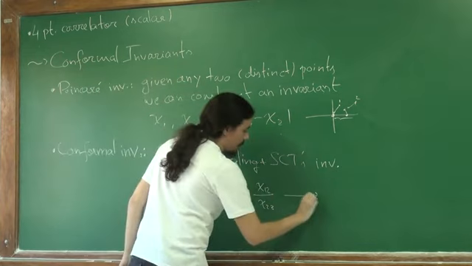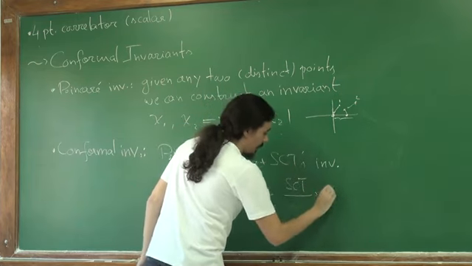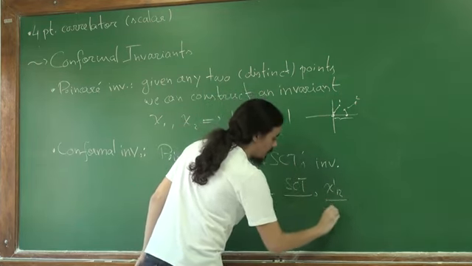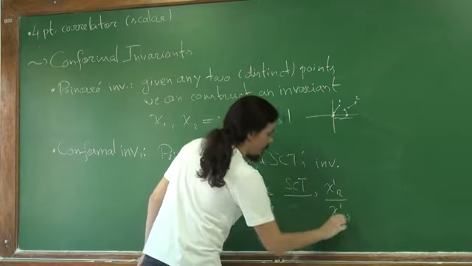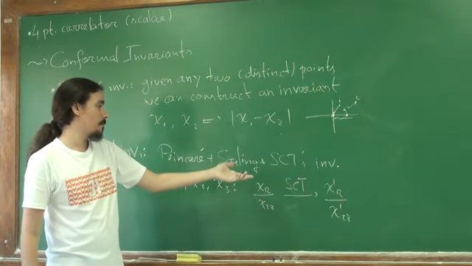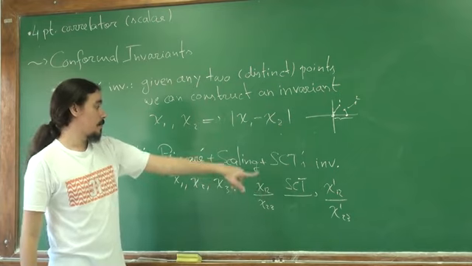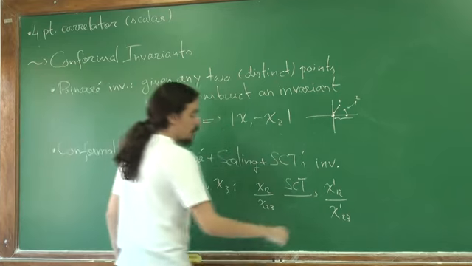If you do this, you take this, apply an SCT, and then this will be x'2, x'2, 3. This would also be the reason why you can still use the scaling invariance, have conformal invariance, with 2 points only.